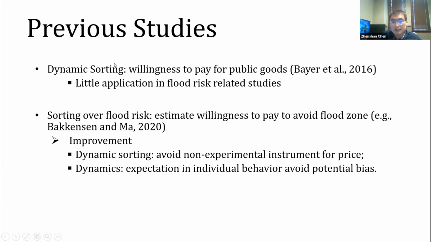So expectation is a very important factor there. That's why including the expectation would avoid bias in estimated willingness to pay. And of course, I need to mention that there are a lot of hedonic studies trying to get the value of flood zones.